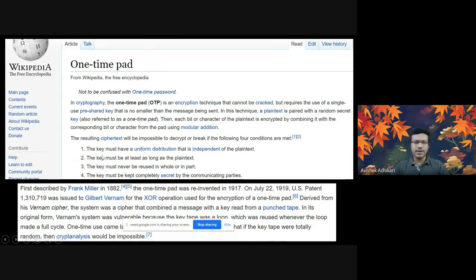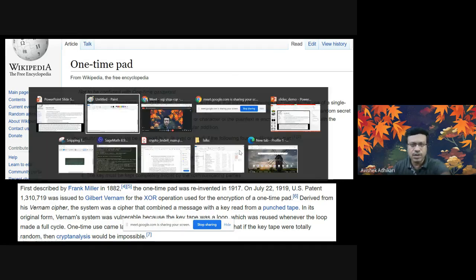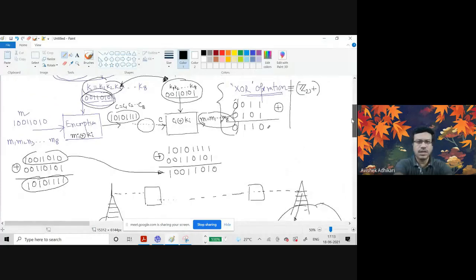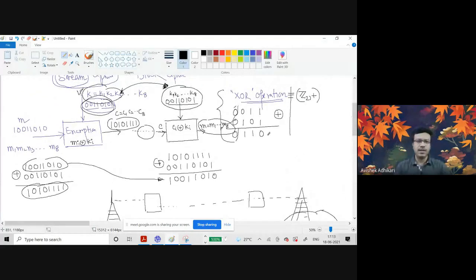It says that the key must have a uniform distribution that is independent of the plain text. What does it mean? That means you are going to use keys that should be uniformly distributed, and independent of the plain text.